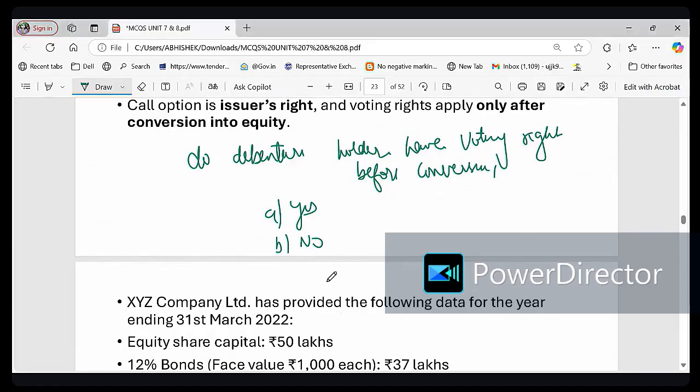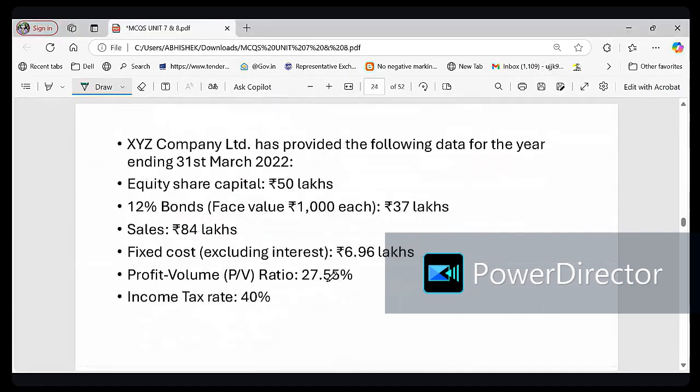Very good. Now let's see this particular question. Again a numerical one. Let's try to answer it. As you can see on your screen, friends, XYZ company has provided this data for the year ending 31st March. Sales is 84 lakh.